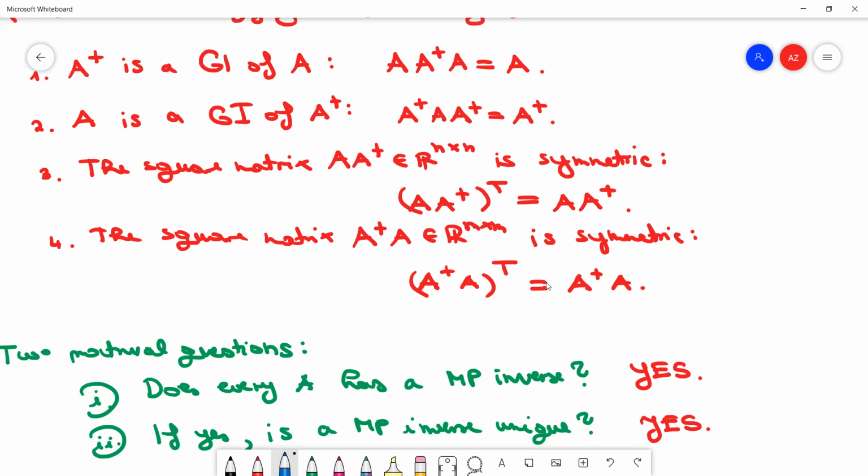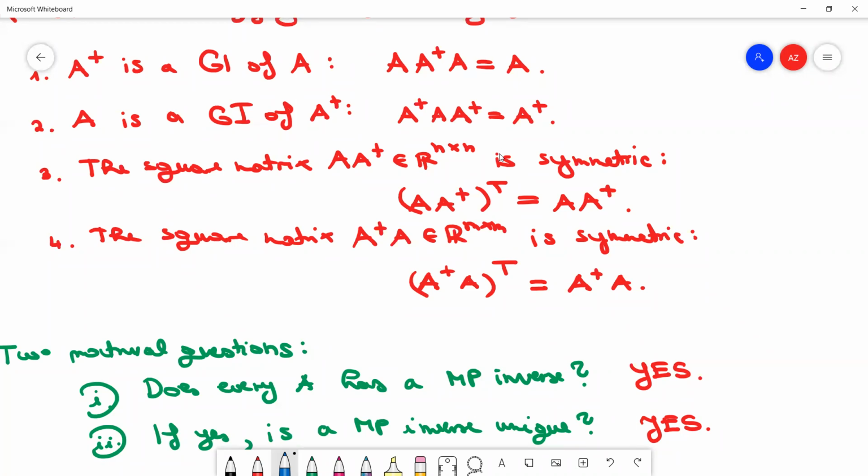And to spare some time, we won't go into the details of the proof. The idea is nothing deep, but playing with those 4 conditions in such a way as to prove that if we have 2 Moore-Penrose inverses, then they have to coincide.